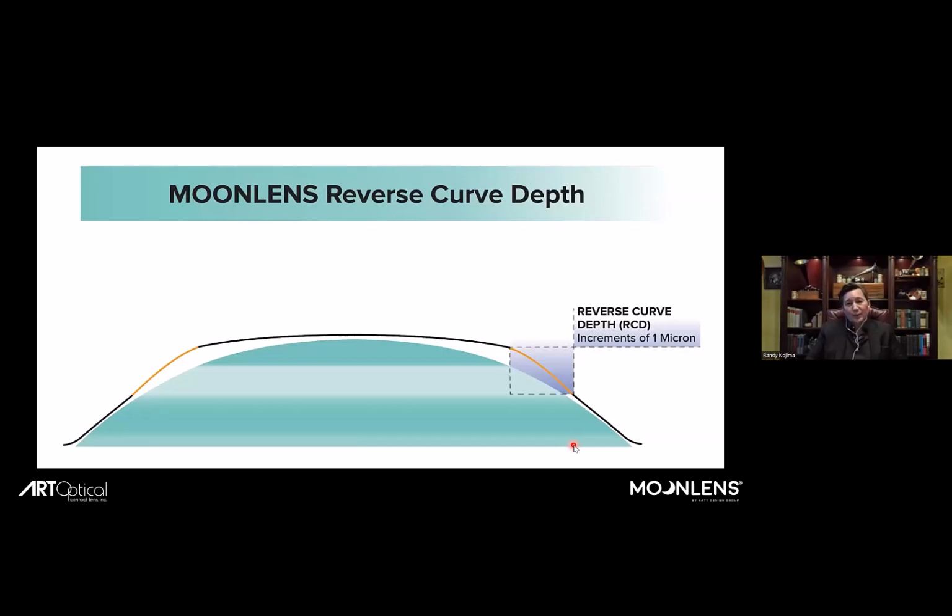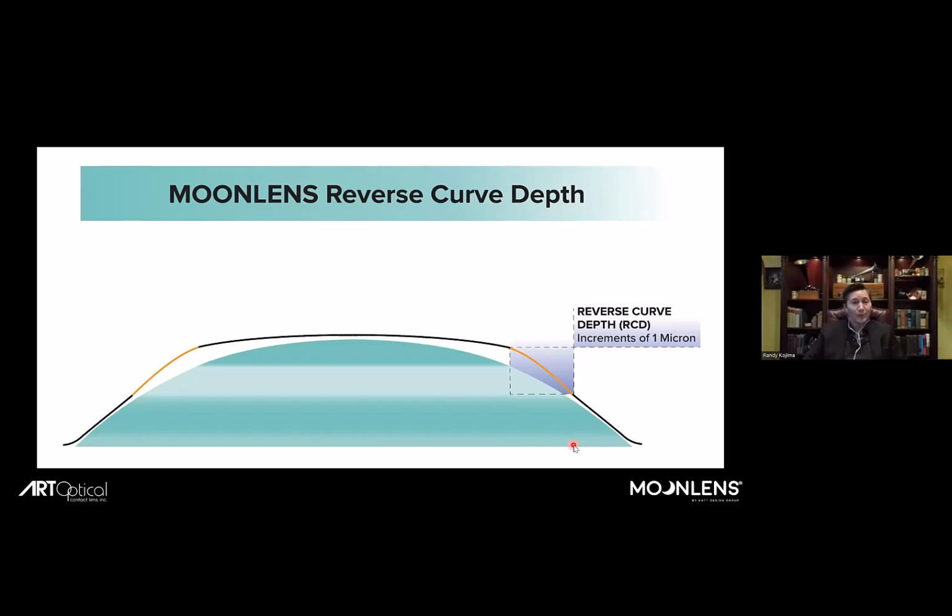Now, the next zone in the lens is the reverse curve zone or RCD, and its function is really only to provide the appropriate apical clearance. So when we use that flat base curve with that high asphericity or no asphericity, how steep or deep does the reverse curve need to be to give us 7 microns of fluid under the center?